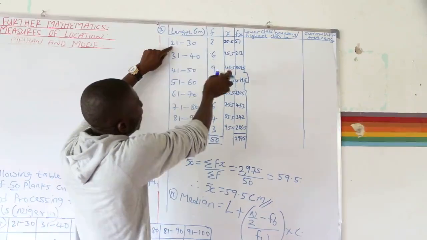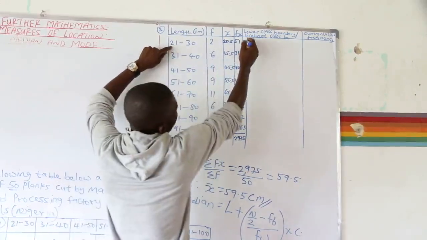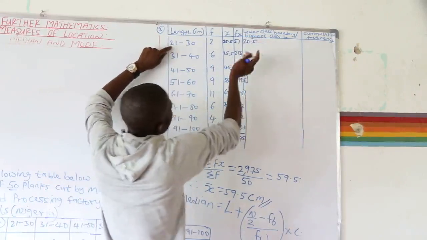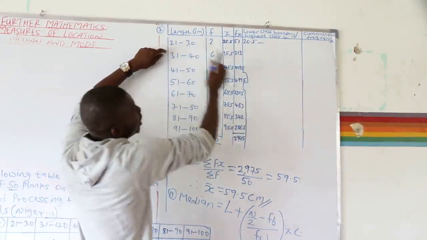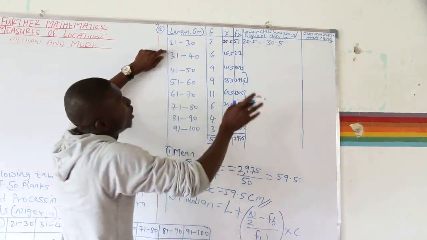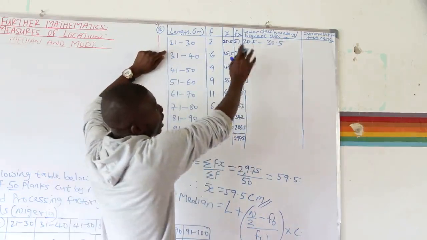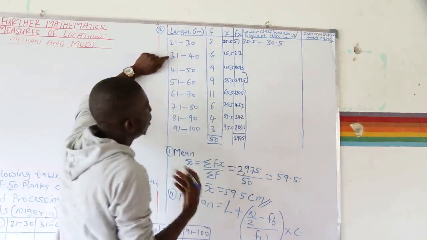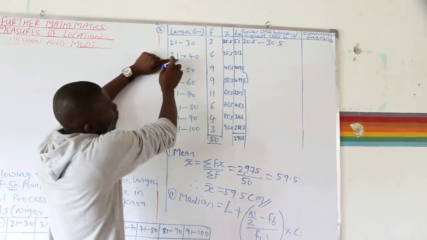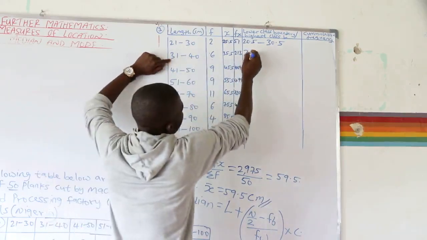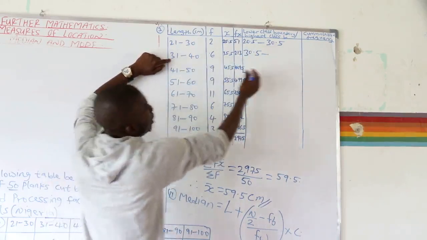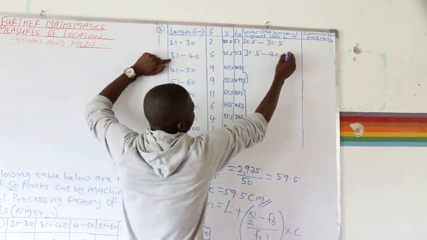You remove 0.5 from 21, it will give us 20.5. If you add that 0.5 to 30, it will give us 30.5. These are the rules for finding the lower class boundary and the upper class boundary. Also for the second one, you subtract 0.5 from 31, it gives 30.5. You add 0.5 to 40, it gives 40.5.